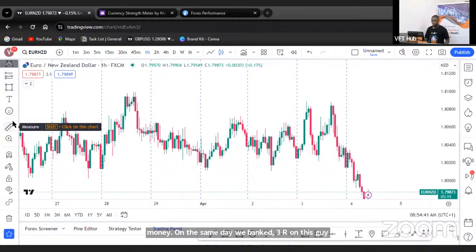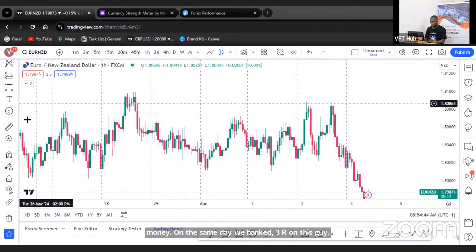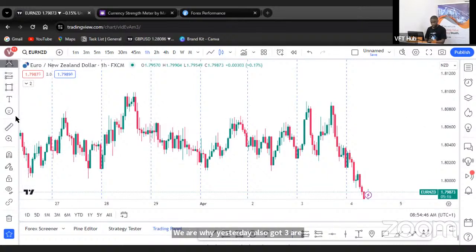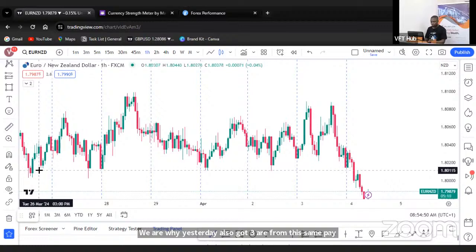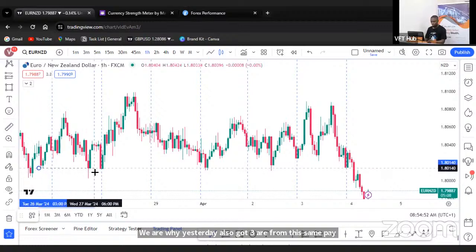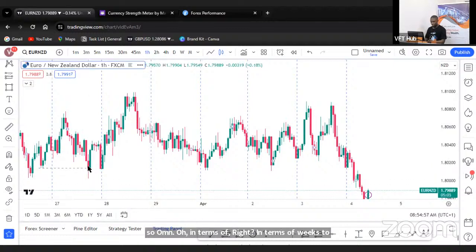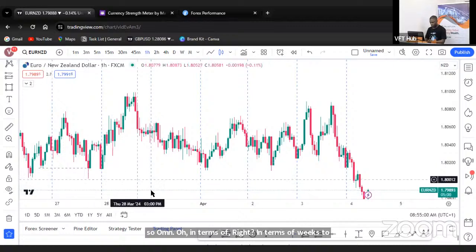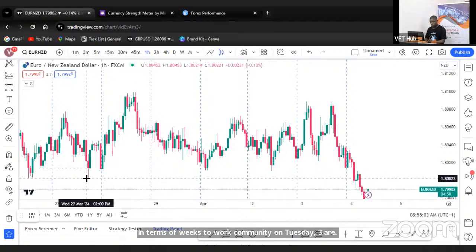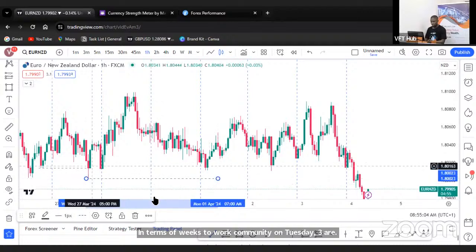Yesterday also we got 3RR from this same pair. So cumulative 6R in terms of risk to reward: on Tuesday 3R, and on Wednesday another 3R.